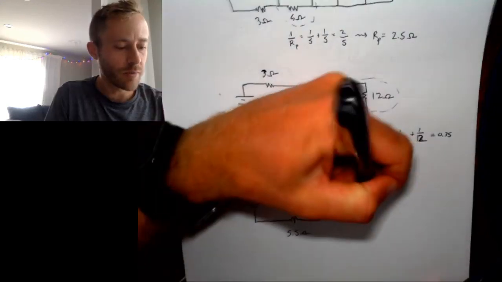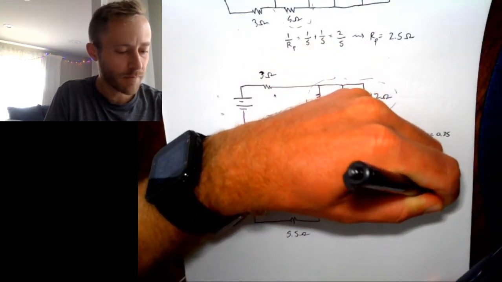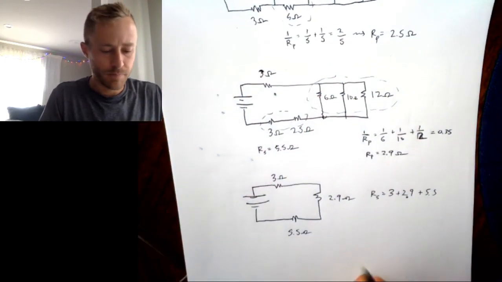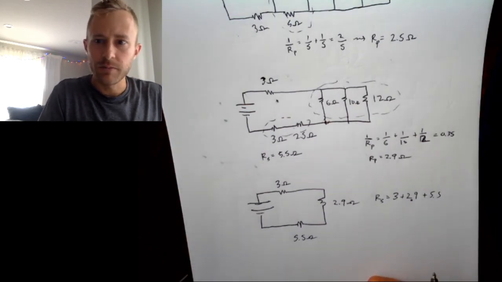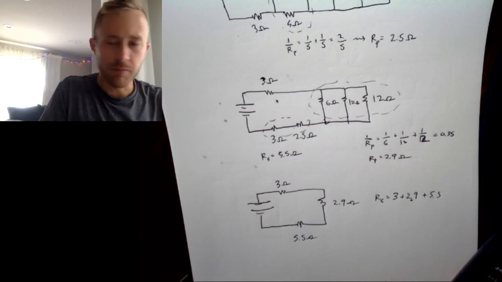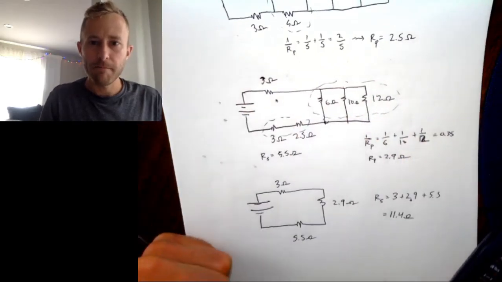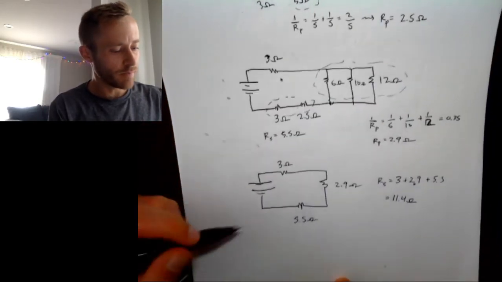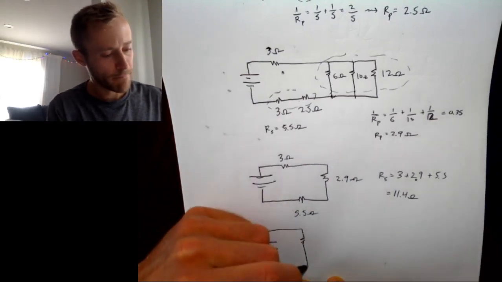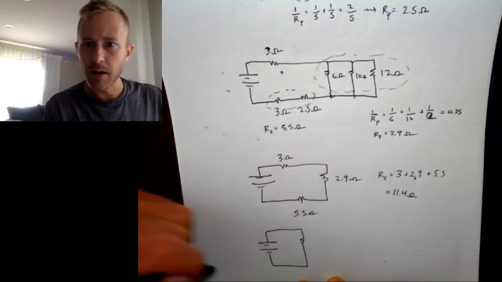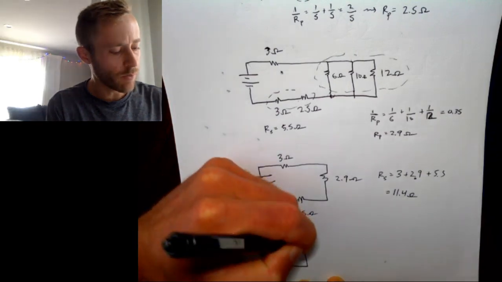So I can say R sub S equals 3 plus 2.9 plus 5.5, equals 11.4 ohms. All right. So now I redraw the circuit. So we've got 24 volts and 11.4 ohms.